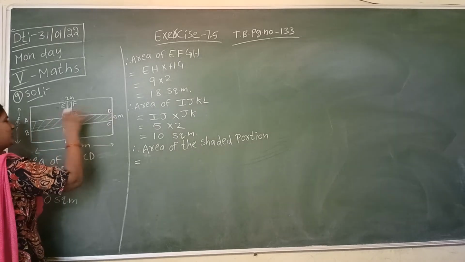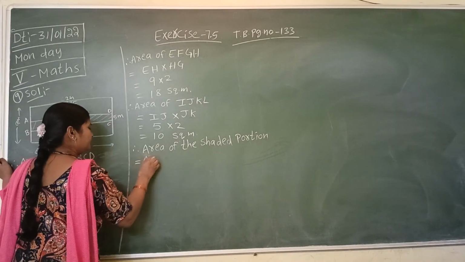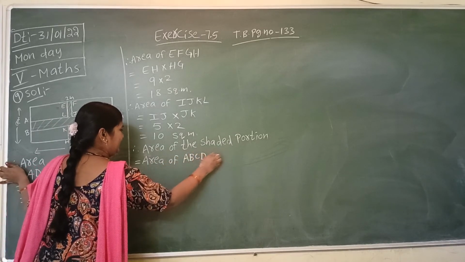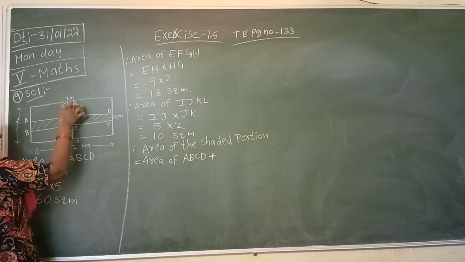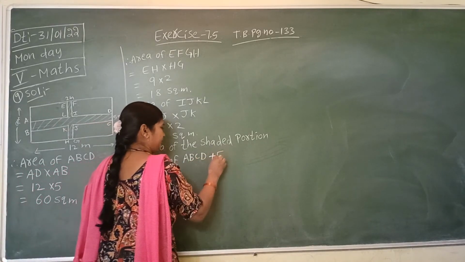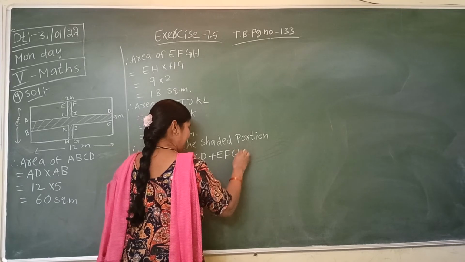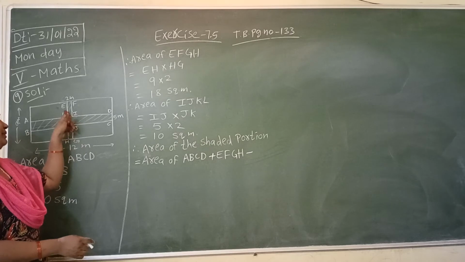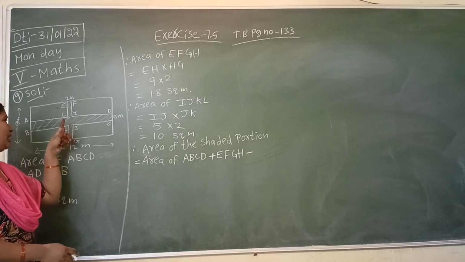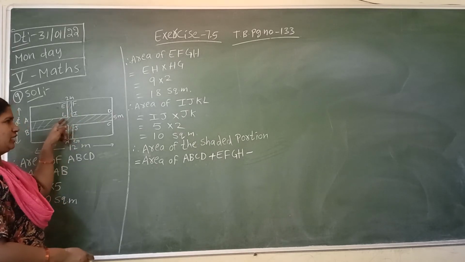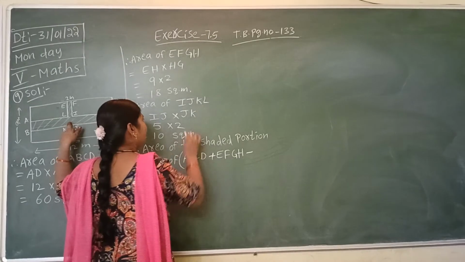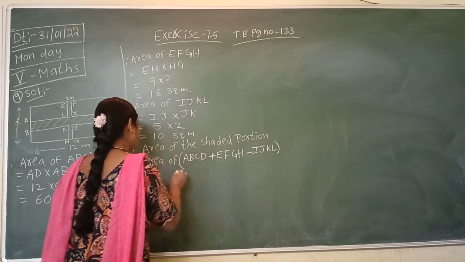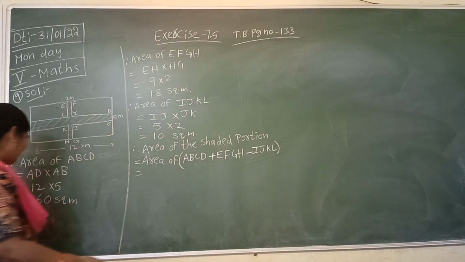First of all, add this one, the sleeping line: area of ABCD plus area of EFGH. From these two you have to subtract the area of this one, IJKL. Why? Because sleeping line wise it is coming, standing line wise also it is coming, so it is repeating 2 times. So you have to subtract this value.